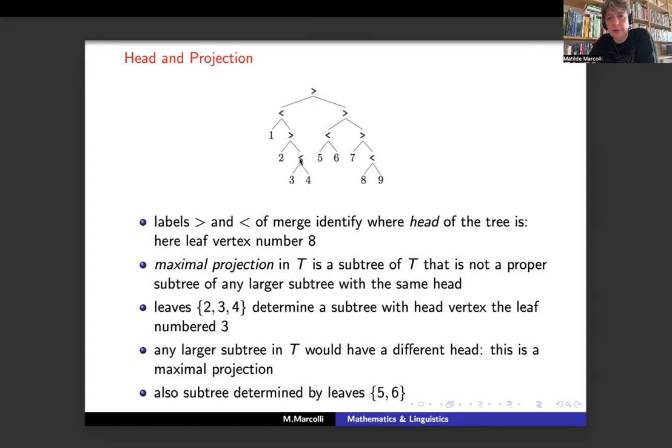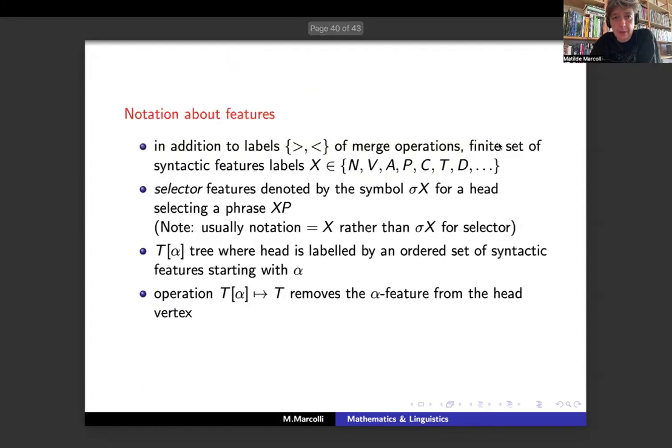So this is the head of the entire structure, and its maximal projection is up here at the root. If I, for example, take this substructure with the leaves 5 and 6, then the leaf 5 is the head, but this head does not project further. So this is also its maximal projection, and so on. Okay, so these are the rules for how the head function works, and later on we will abstract these rules and define more abstractly what a head function is, which would essentially be the defining rules.